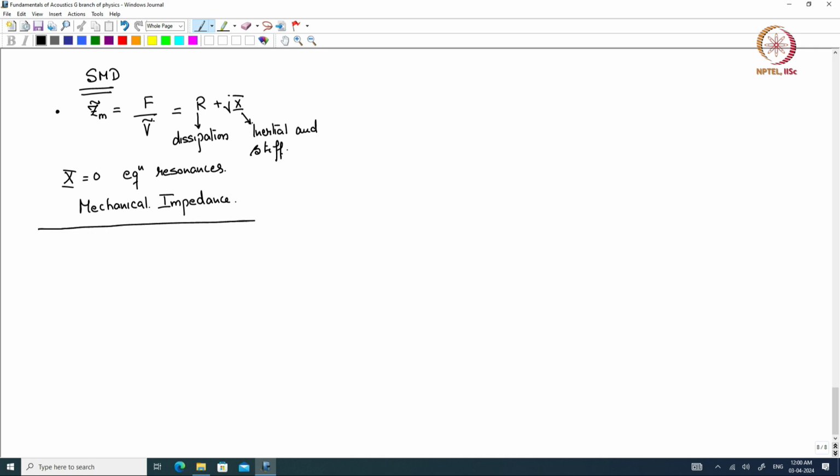What we have seen in this lecture is the mechanical impedance of a spring mass damper system is given by R plus jX, where R stands for the dissipative part of the system, and X represents the inertial and stiffness part of the system.